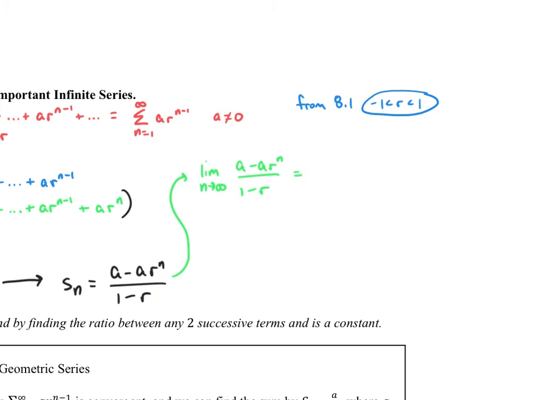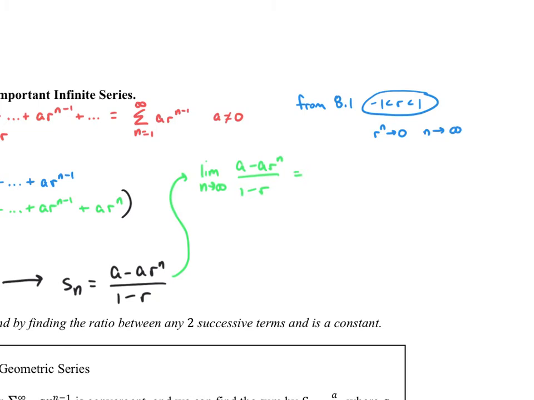So if r is between negative 1 and 1 but not including either one, then r to the n is going to go to 0 as n goes to infinity. Okay, so as n gets really large, r to the power of n is going to go to 0 if r is between negative 1 and 1.